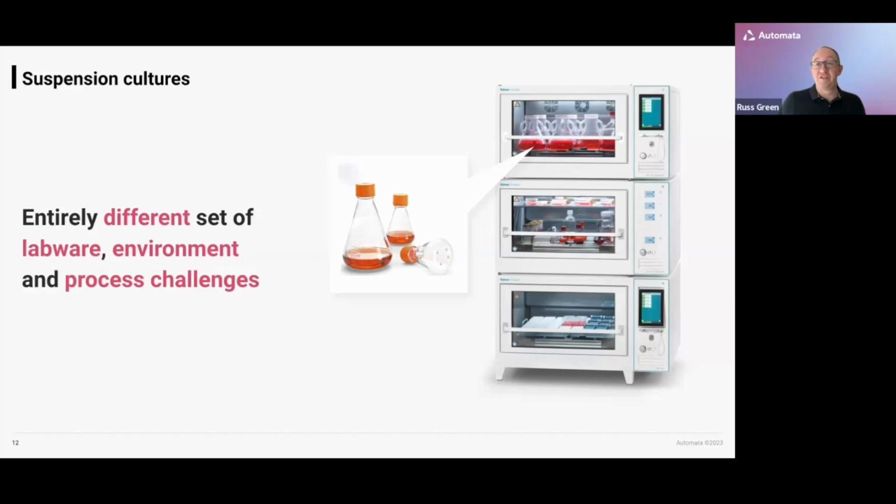Their environment tends to be different. So here we can see some fairly standard bed type shaker, which there are actually emerging automation friendly versions of, but in recent times they haven't been automation friendly at all. And of course, they present a bunch of process challenges.